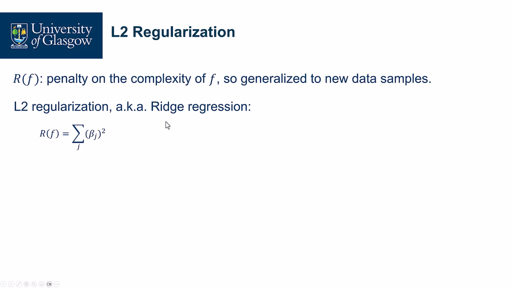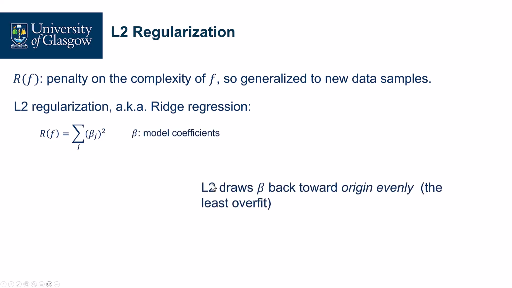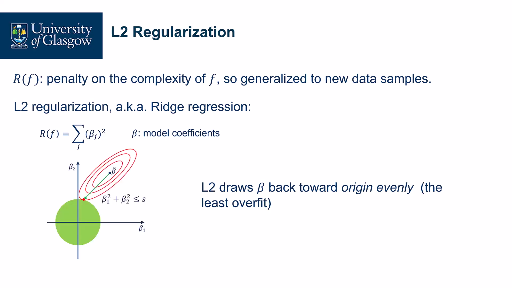In this way, we hope to draw beta back toward the origin evenly for each of the coefficients. Consider beta as an optimized one; by using L2 regularization, it may come to this point. So this is another way to reduce the model parameter coefficients so as to make the model simpler.